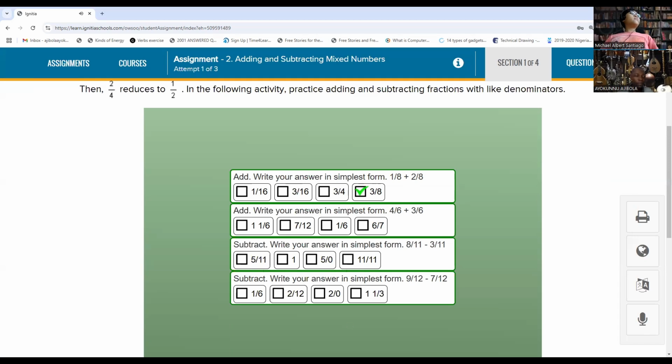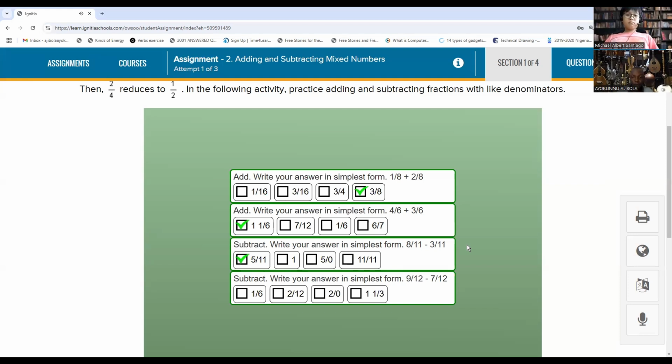Can you hear me? Okay, good. Now look at this one. 4 over 6 plus 3 over 6 is 7 over 6, which is one whole number and 1 over 6. Then we have 8 over 11 minus 3 over 11. That's 8 minus 3, which is 5 over 11.